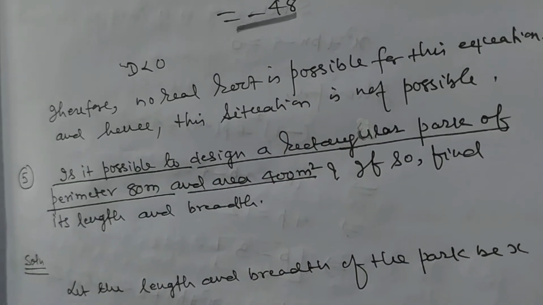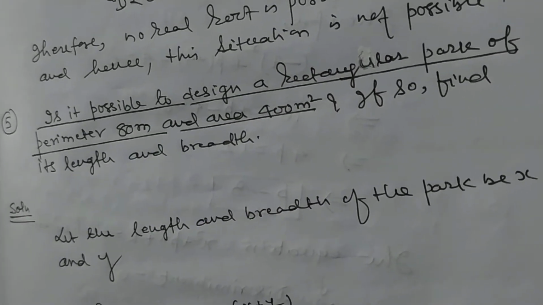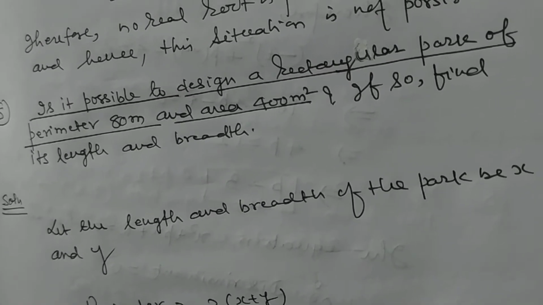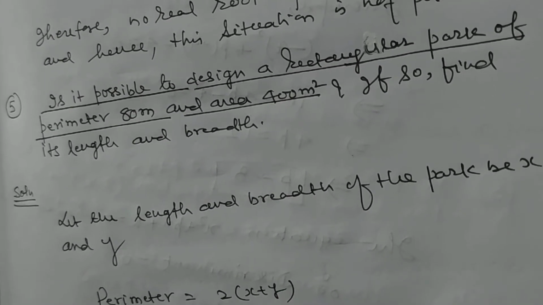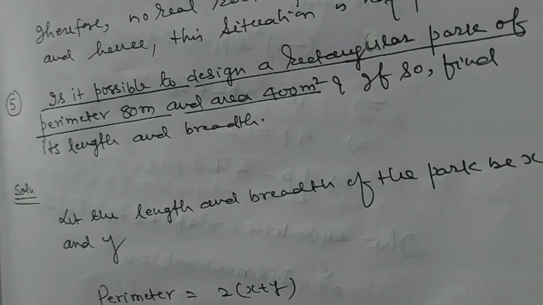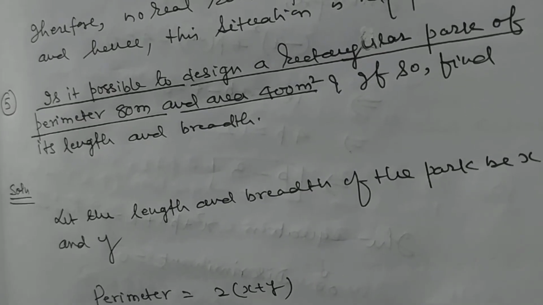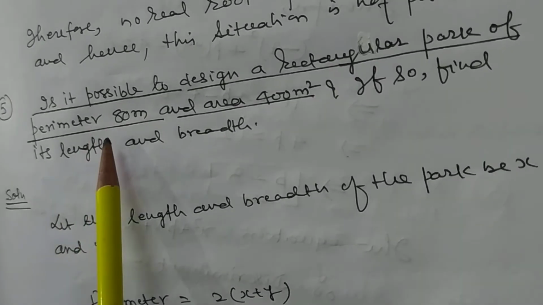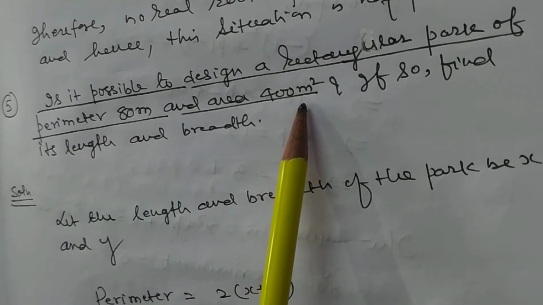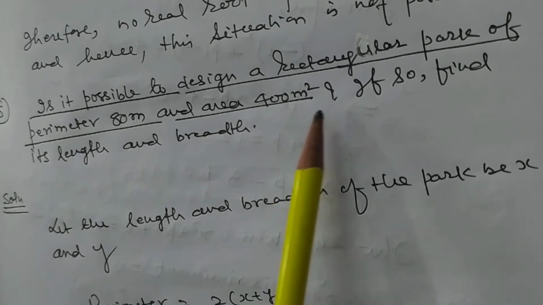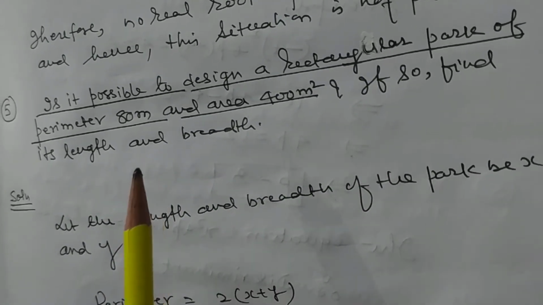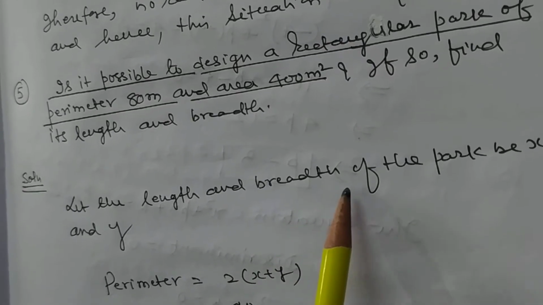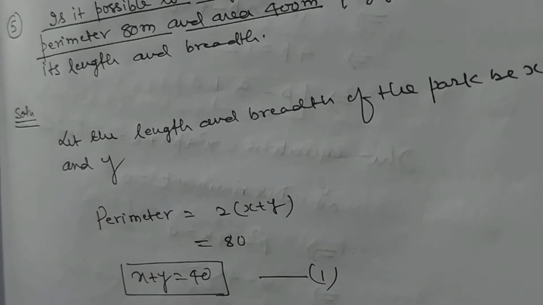So my dear student, in this way, by applying the value of discriminant, we can decide whether the roots are possible or not. Now, problem number 5. Is it possible to design a rectangular park of perimeter 80 meter and area 400 meter square? If so, find its length and breadth. Let the length and breadth of the park be x and y.